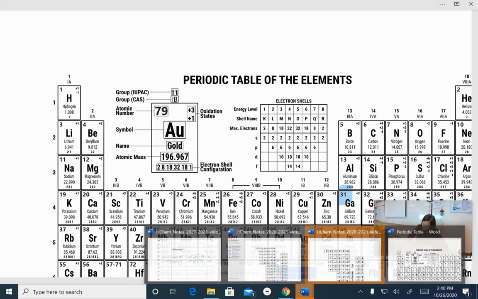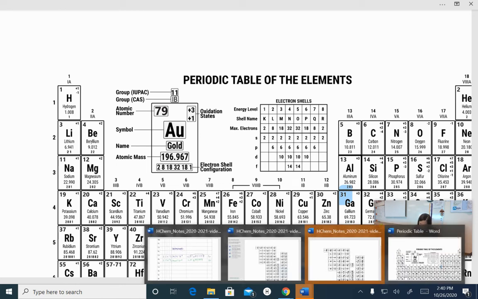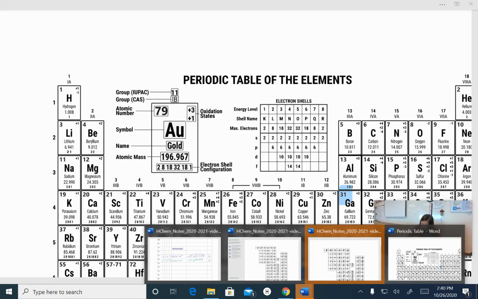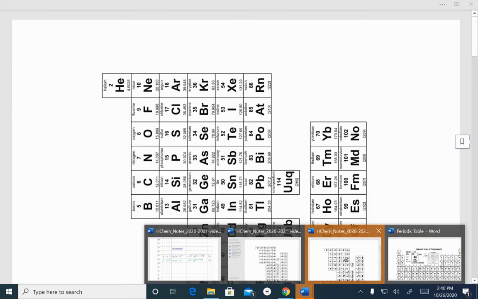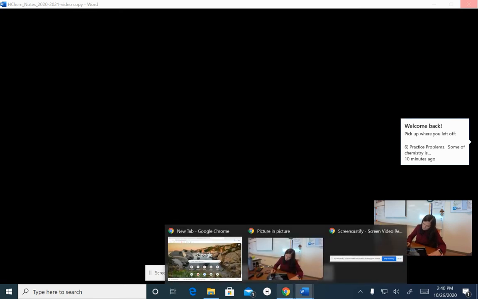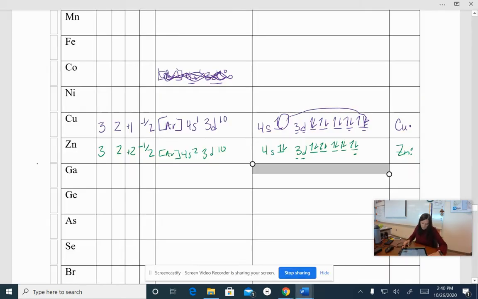So if I look at my periodic table and the hotel analogy, let's see if I can find my hotel analogy really quick. No, it's still thinking. If you look at the hotel analogy, we are going back to the P block.